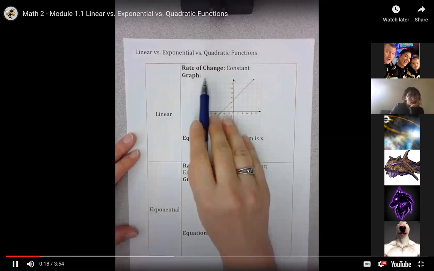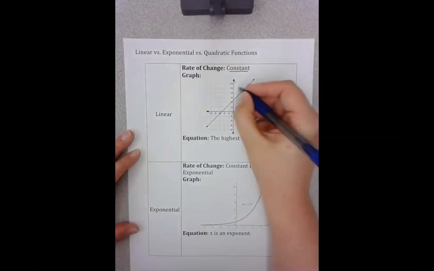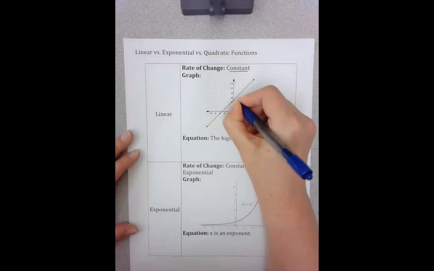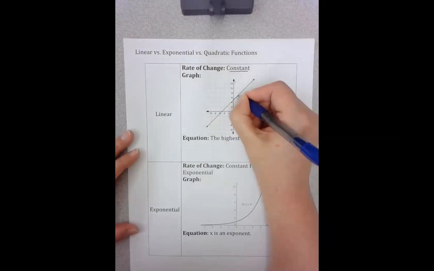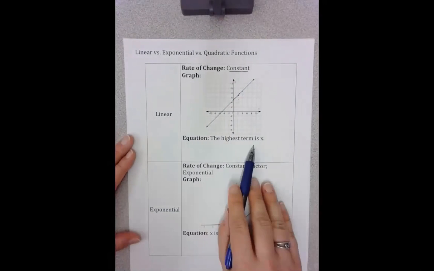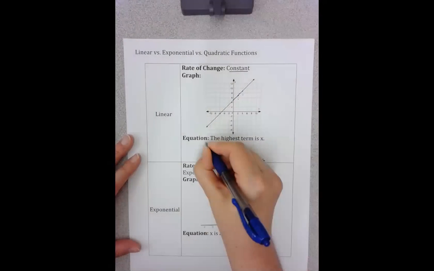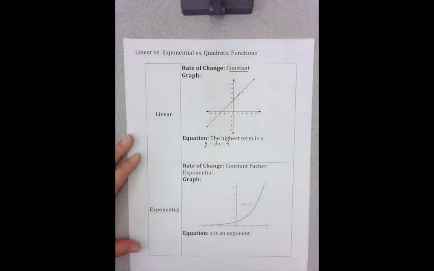The rate of change for a linear function is constant. And what that means is that if I go from 1 point and I go 1 over, that's going to be the same rate as when I go from here 1 over as this rate here. That rate doesn't change regardless of what 2 points I pick. As long as I reduce the fraction, they will all be equal. The equations for these have a highest term that is x. So you have seen equations of this type written in mx plus b form.